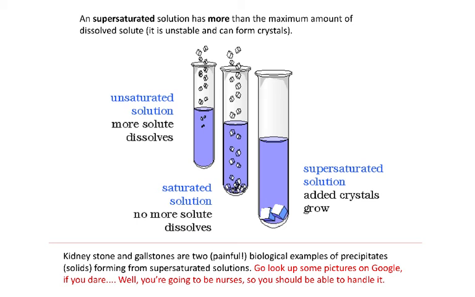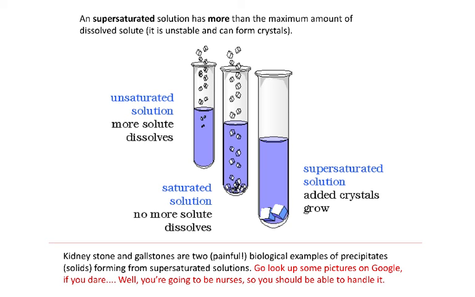So there are a few ways you can get a supersaturated solution, and one would be the fact that solubility is temperature dependent, right? So if you increase the temperature, you can dissolve more. So if you heat up a solution and add solute, and then as it cools down, the maximum amount that you can dissolve decreases, but you already had more than that dissolved in it.